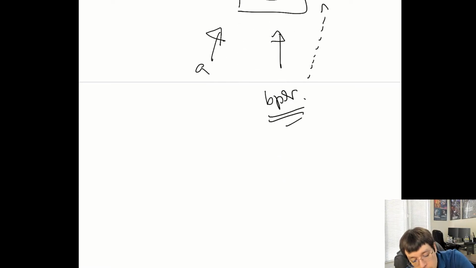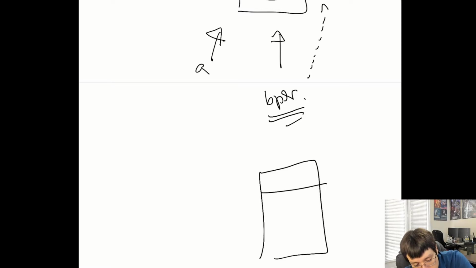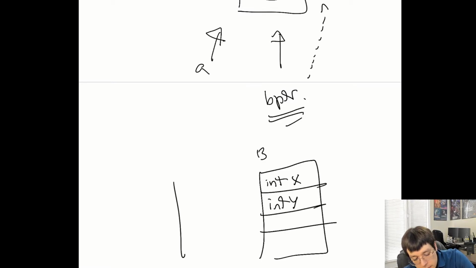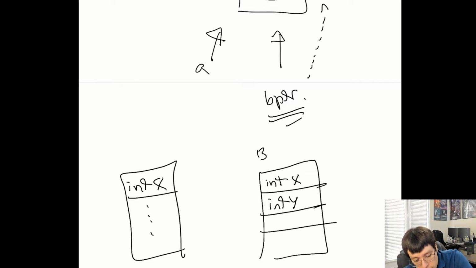Because in memory, class variables are stored in an order, usually the order they appear in your code. So there might be an X, and then there's a Y for an object of B. But for an object of A, there is only the int X. And then there's other stuff, which is not yours. It's the operating system giving it potentially to other programs, or merely just garbage data.